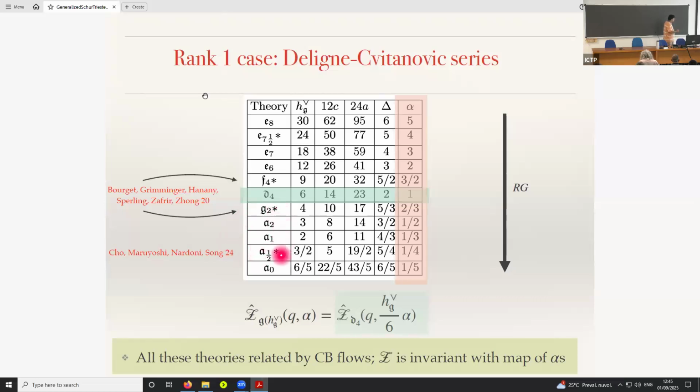Then we get A2, A1, and A0, and there is something weird called A half. And very recently, Cho, Maruyoshi, Nardoni, and Song found an N=1 Lagrangian, an N=1 theory, which reproduces all the known information about this kind of theory. The same a and c central charges, something which looks like a Coulomb branch operator with the right dimension and so on.